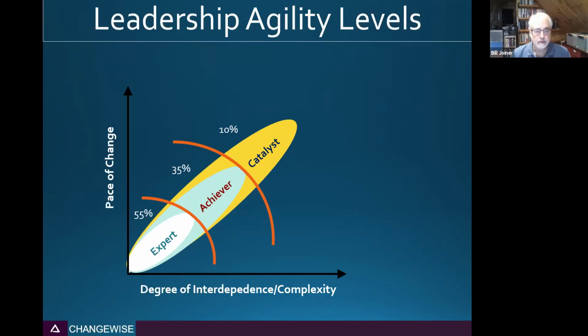The expert leaders that we studied and worked with were pretty good at taking leadership if the pace of change was low and the degree of interdependence, for example, the need to work with stakeholders, was also low. Now, about 55% of leaders lead in that way, and I'll describe in a minute what that means.